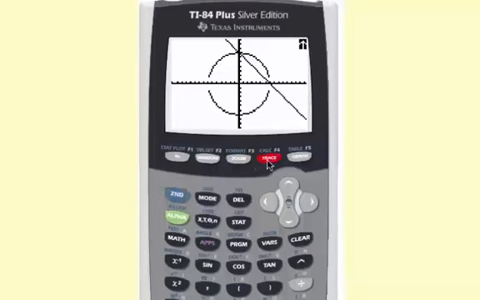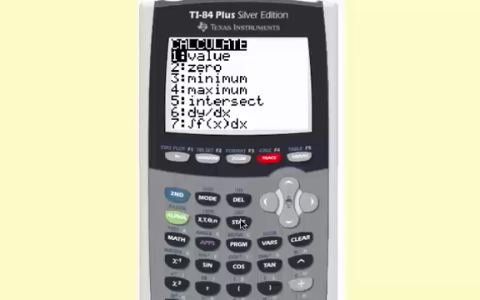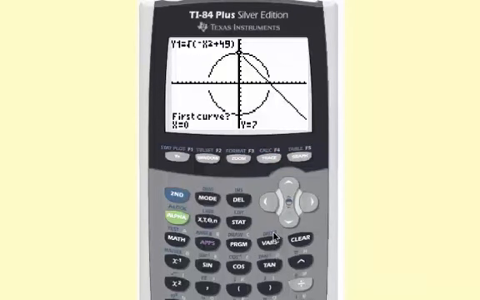So I'll go second calc, and then we're going to do intersection, which is 5. And then, see, it's already up there at the top, so just enter. And the second curve, we don't want that one. And we don't want that one.